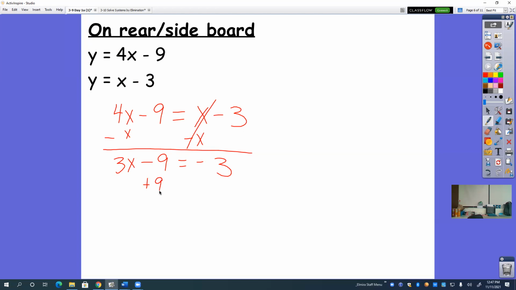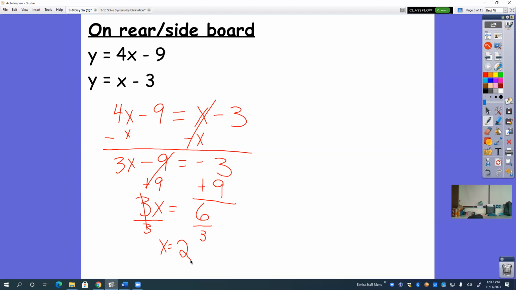Cancel out the subtraction by adding 9 to both sides. Leaves us with 3x equals positive 6. Cancel out the multiplication by dividing both sides by 3. That cancels out. X equals positive 2.